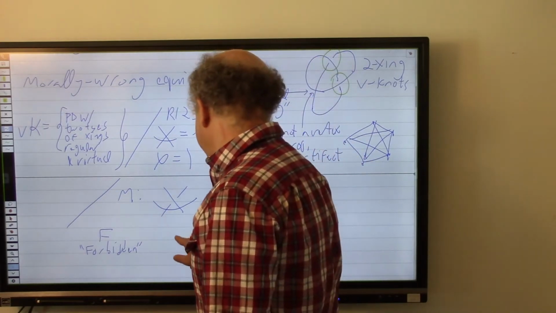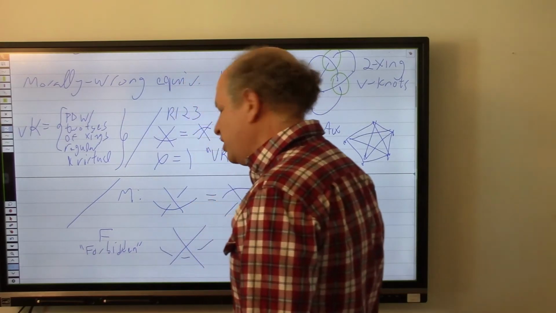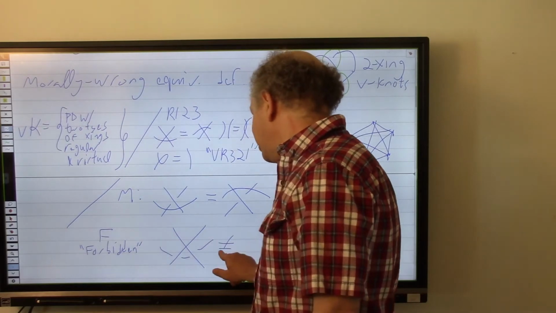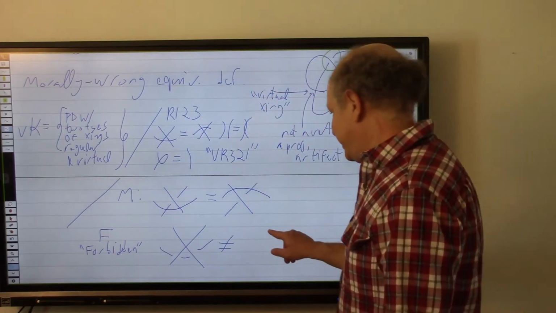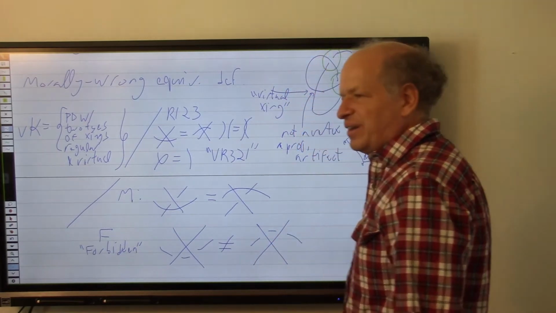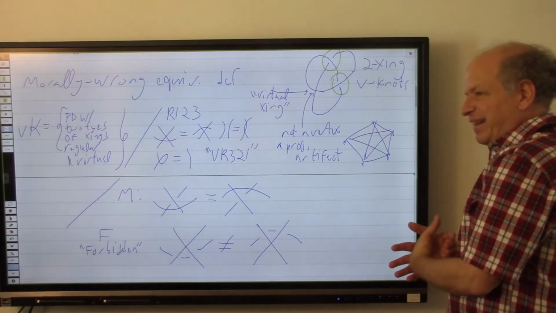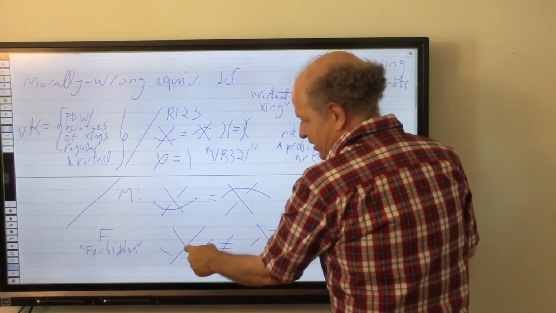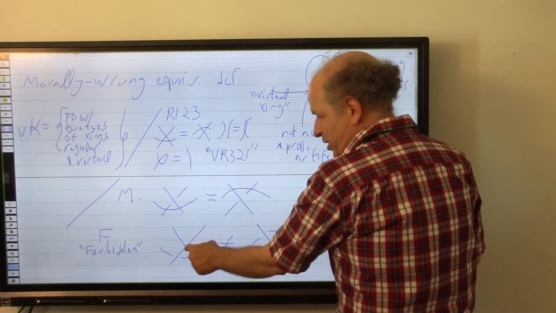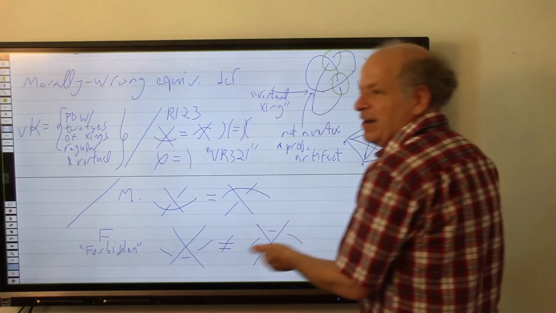It says that if you have a pair of crossings and a single virtual crossing, then this is not the same as that. Now you could say, wait, this is confusing. If the crossing here doesn't exist, if it's virtual, then who cares if you go underneath it or above it?